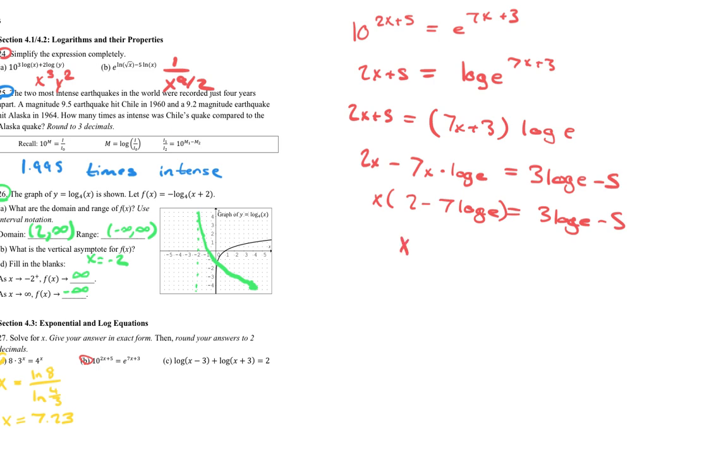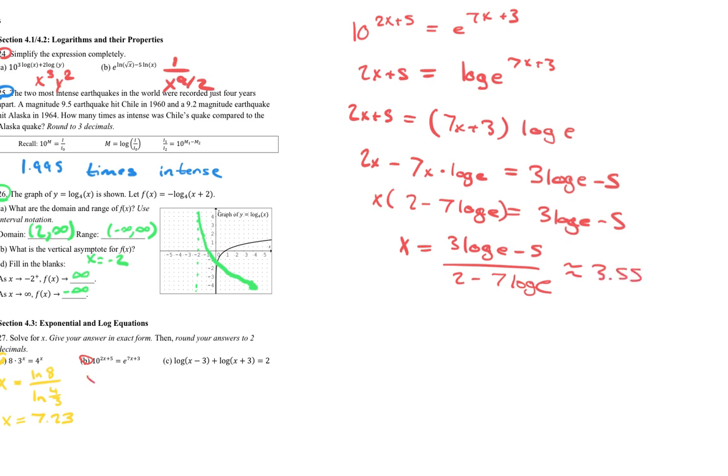And then we divide it over, and we get that x equals 3 log e minus 5 over 2 minus 7 log e. And then this as a decimal is approximately 3.55.